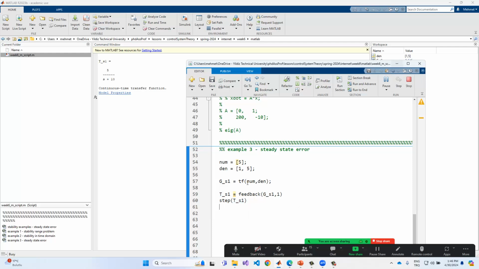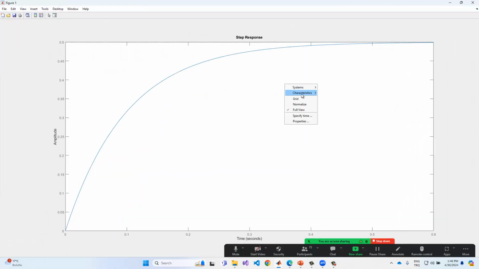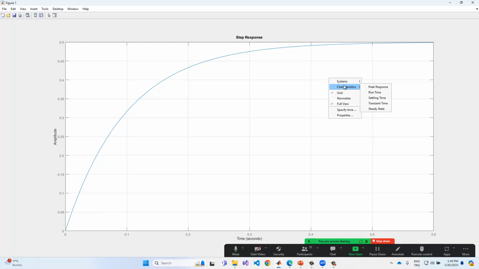And so if I run this code, then we will have the step results of the R parameters in here. Okay, and so the characteristic can be checked with the steady state response. For example, this is equal to 0.5. Okay, just remember that.